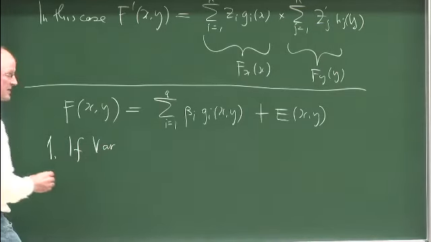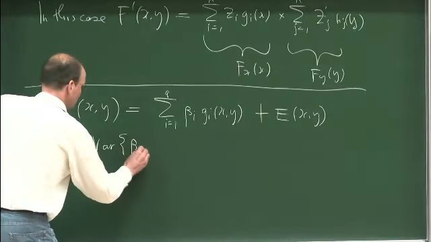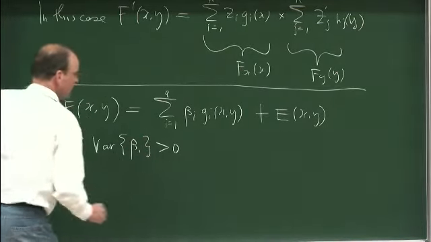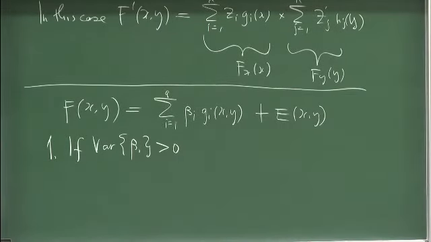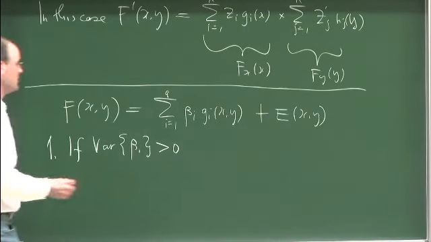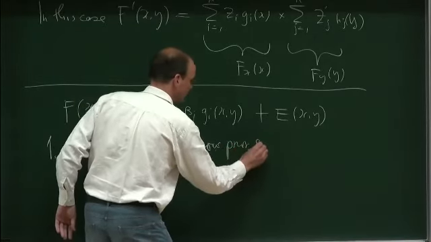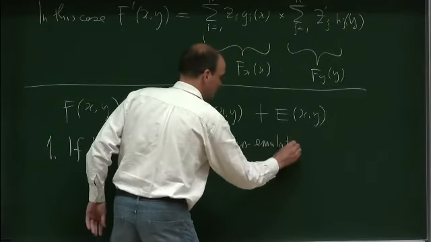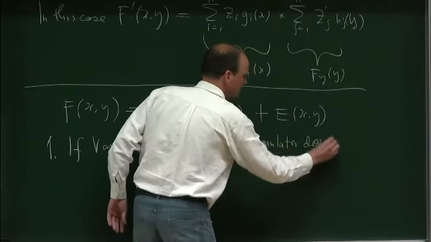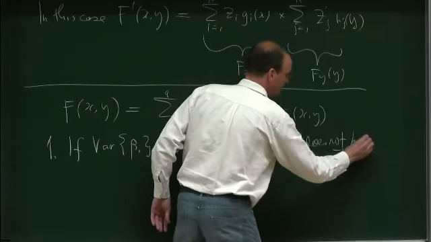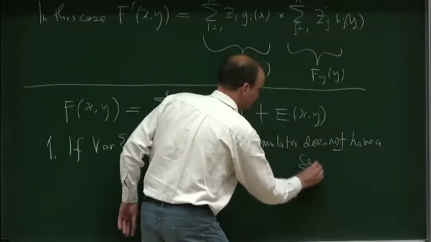if you've got regression terms and the coefficients on those terms have positive variances, your prior emulator does not have a separable variance.